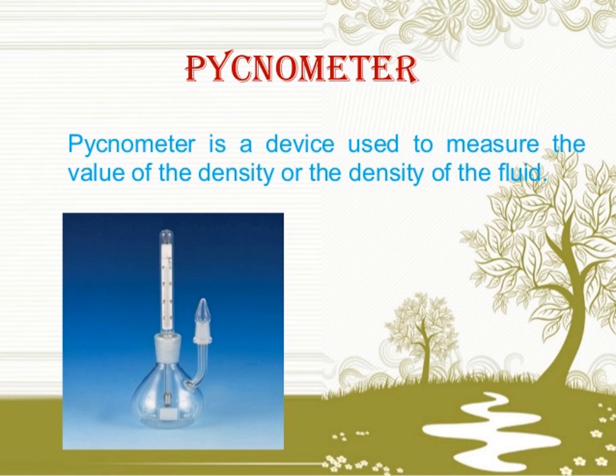Pycnometer. Relative density can be measured using a pycnometer, also called a density bottle. See the picture, everybody? It consists of a ground glass stopper with a fine hole through it.